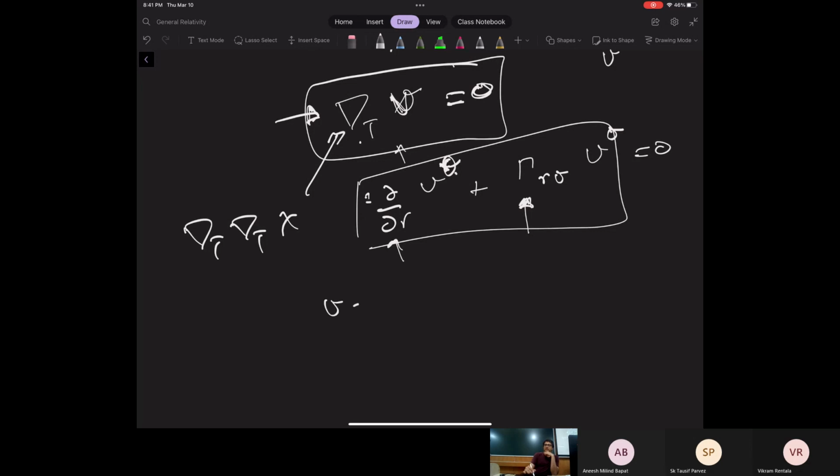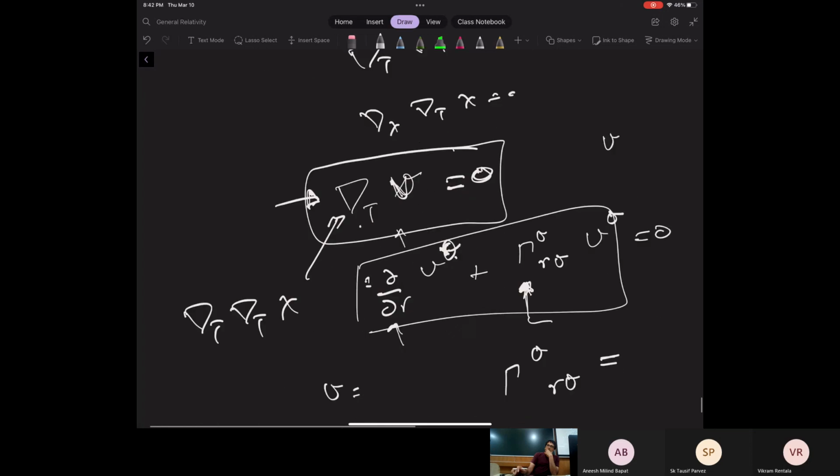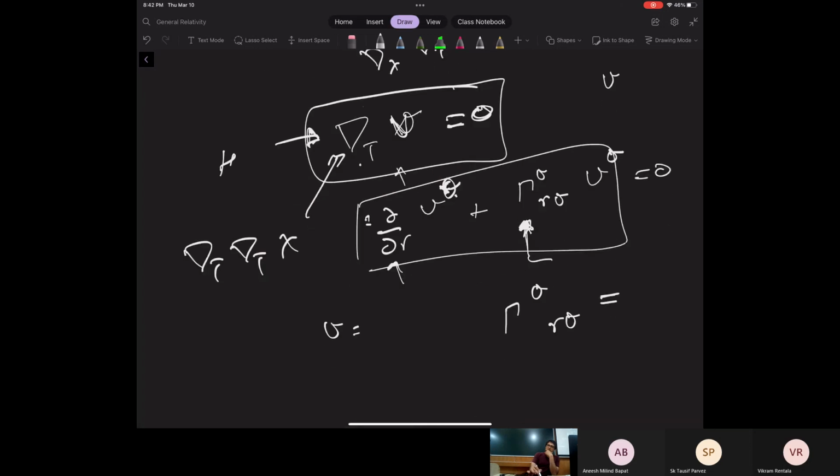V in general will have a theta and an R component. And we've seen that these components, I think, are non-zero, right? Of the, in polar coordinates, gamma theta, R theta was... okay. So let's leave this as a homework exercise. We'll try it out before the next class. You just work this out in polar coordinates and see.